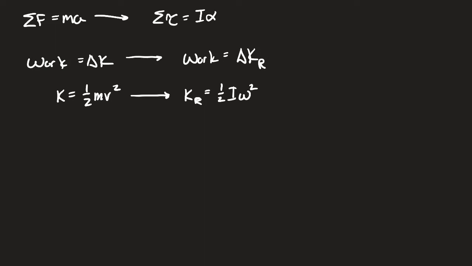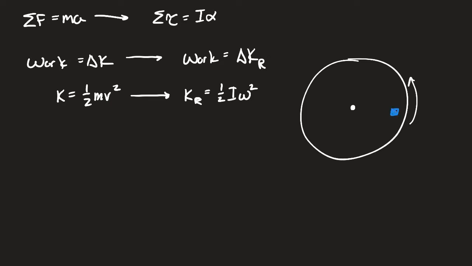Now, to understand rotational kinetic energy, just be aware, the object's not changing location. The object's spinning. But if you have a disk that's spinning about its middle, even though this object might not be going from one place to another, a piece of mass, some little piece of it right here, isn't that thing moving? As long as any part of an object's moving, it must have kinetic energy.